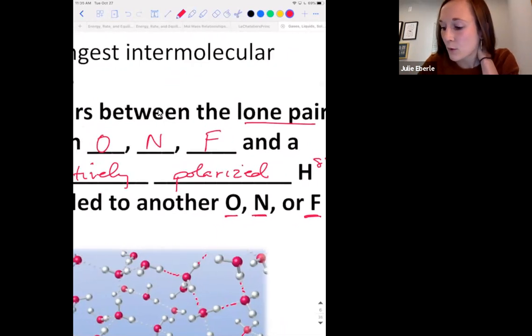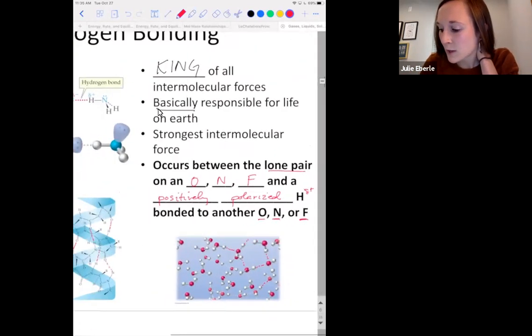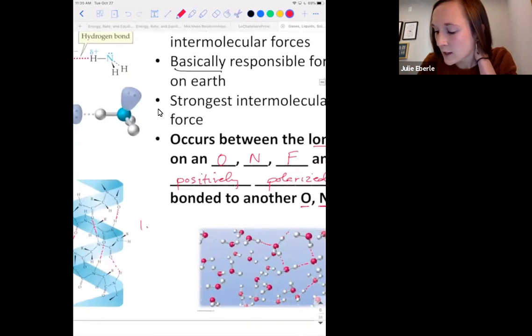Okay, so what that looks like is, number one, I'm gonna write them right down here. Number one, you've got to have a lone pair on an oxygen, a nitrogen, or we know fluorine has 3 lone pairs. There's the picture of it. Number two, you've got to have a hydrogen bonded to an oxygen, a hydrogen bonded to a nitrogen, a hydrogen bonded to a fluorine.